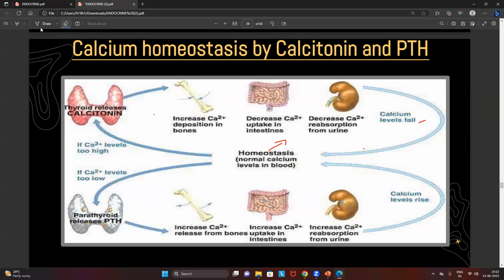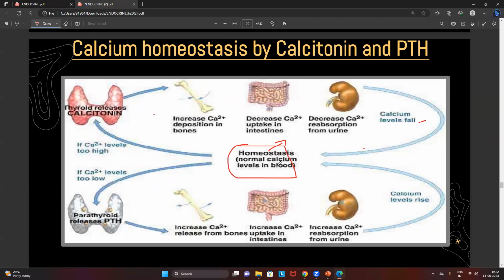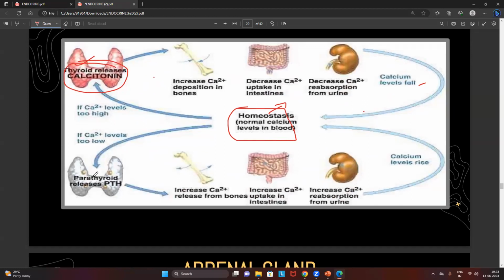The homeostasis of calcium is regulated by two hormones. One is called calcitonin, released from the parafollicular cells of the thyroid gland. Another is parathyroid hormone, released from the parathyroid gland.